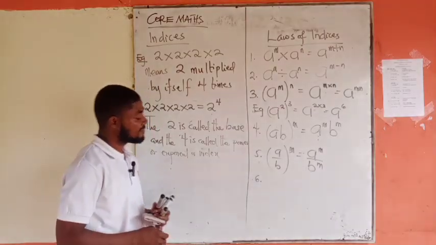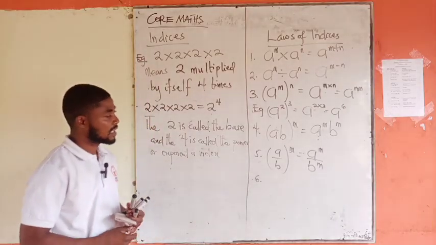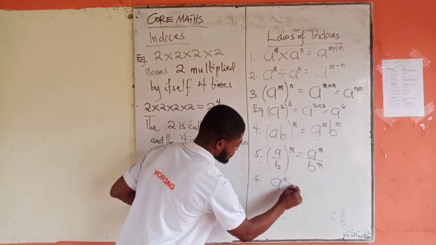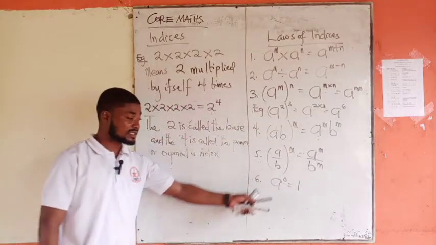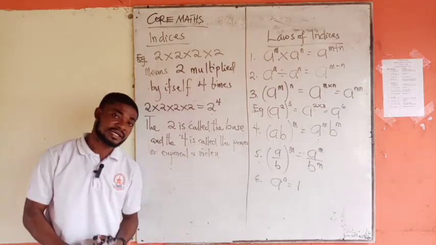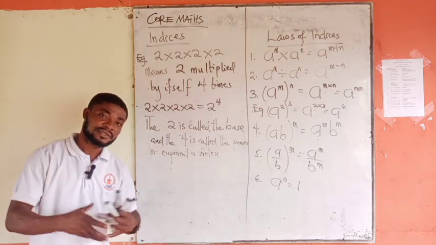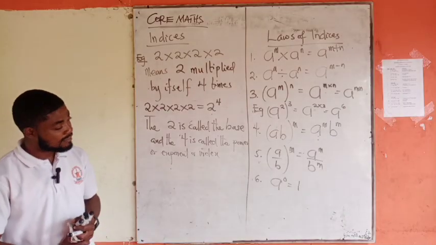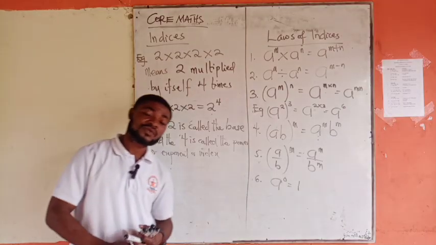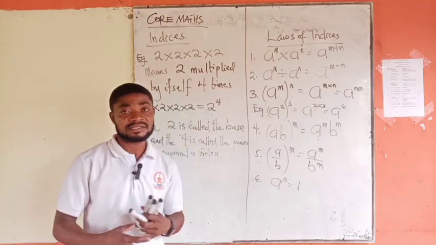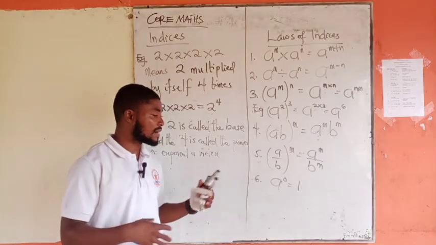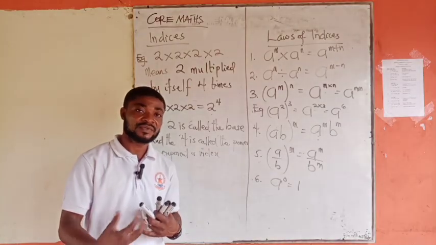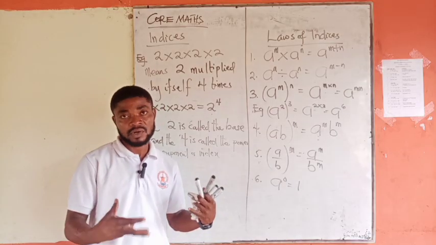So we go to the next one, which is basically a property. I think the property and the laws have been merged together over here to give us this. Any number exponent 0 is equal to 1. Any number raised to the power 0 is equal to 1. You are going to be applying this one in your subsequent workings because you would see questions which will require you to apply this property or law.